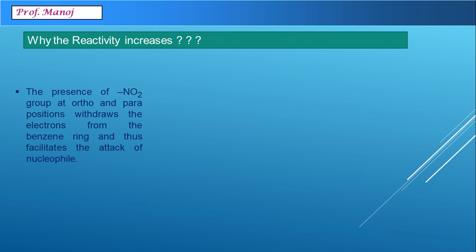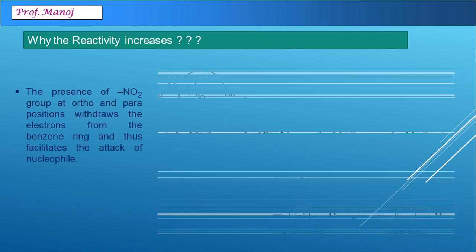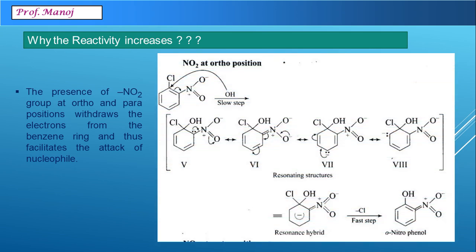The presence of NO2 group at ortho and para position is found to withdraw electrons from the benzene ring, making it more ready to attack. You can now see that NO2 group is connected to the ortho position. OH is getting attacked, but at the same time, the electron pair of the ring is getting shifted to nitrogen.